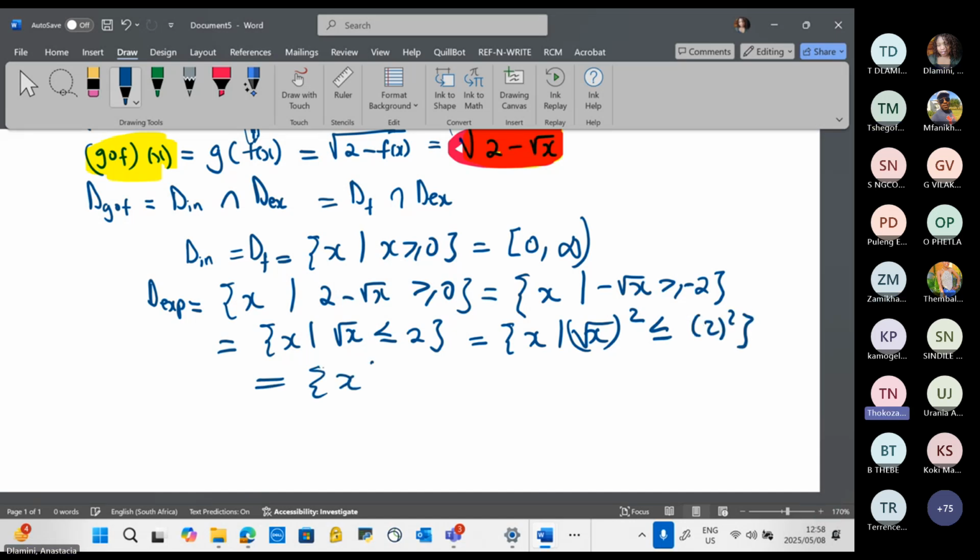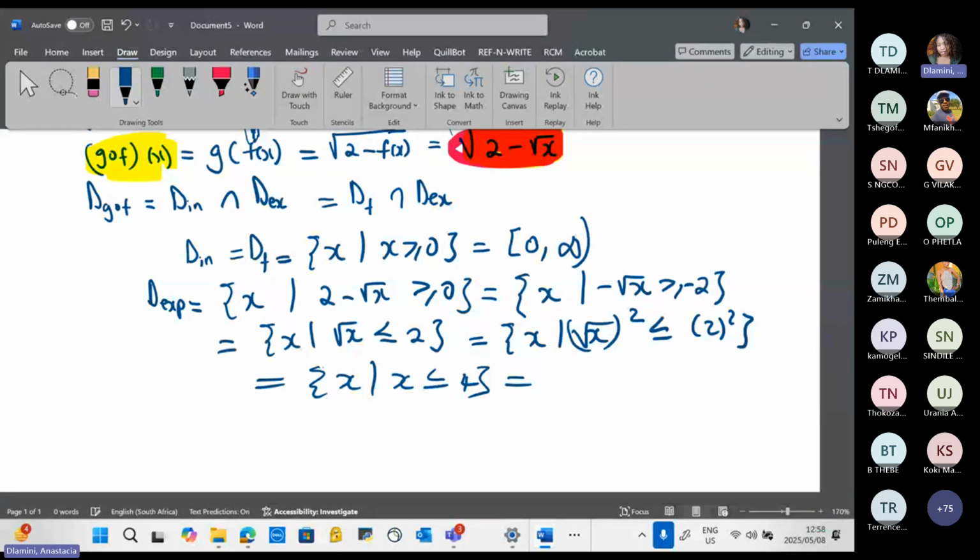Then your final answer is going to be x, an element of the real numbers, such that x is less than or equal to 4. Thank you. So what is the interval notation for that? Wrong bracket.